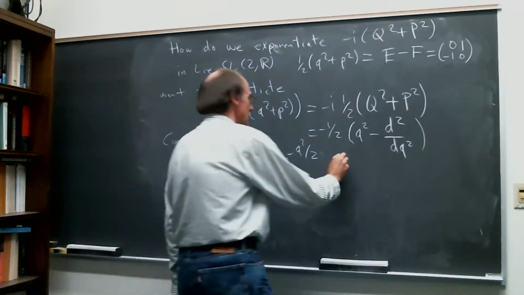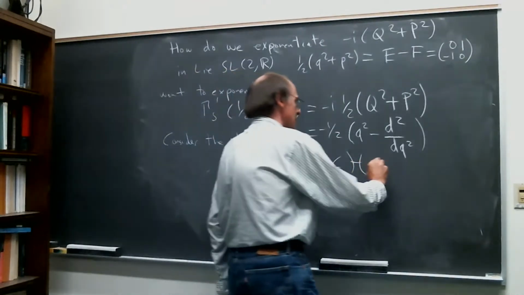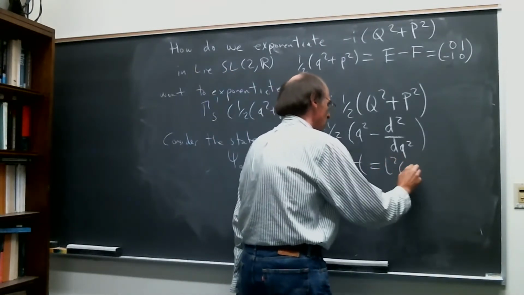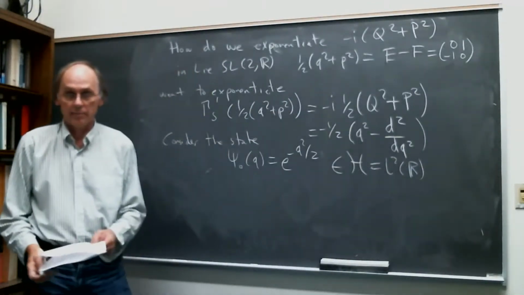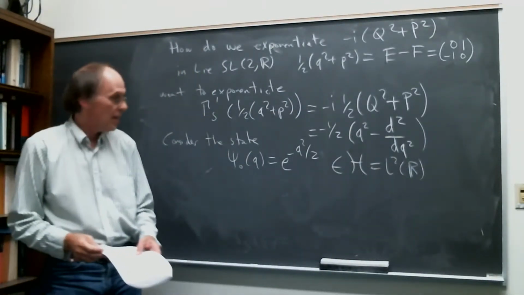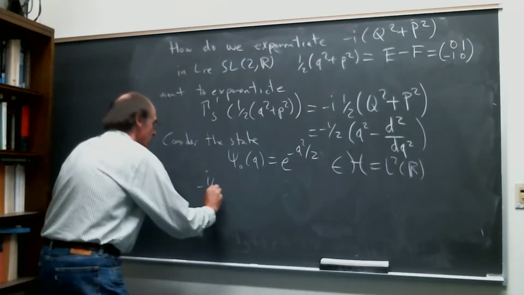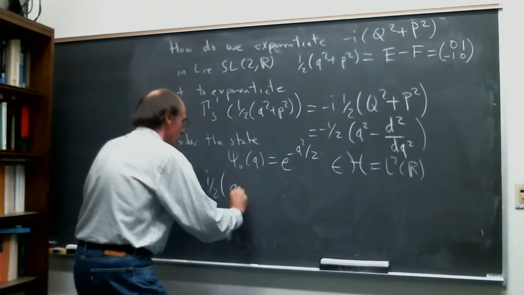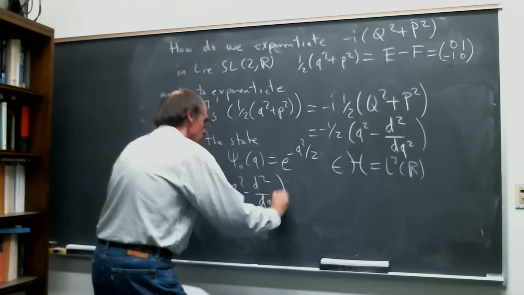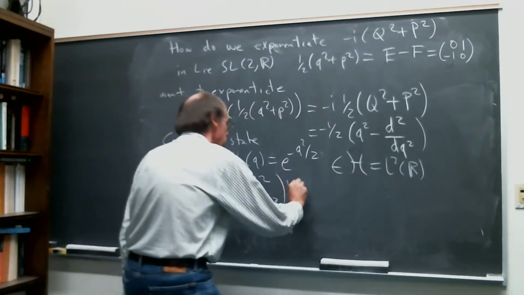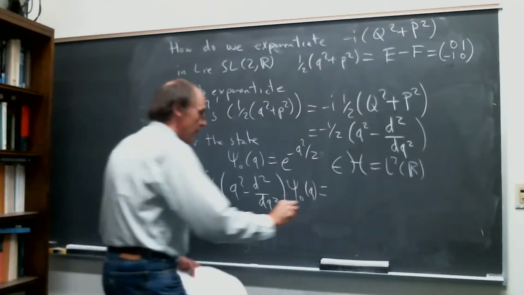This is on the state space that our operators are acting on, and here you have minus i over 2 times q squared minus d squared dq squared. So you show that this is an eigenfunction, with eigenvalue minus i over 2.